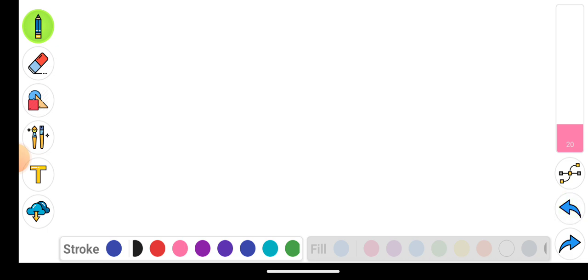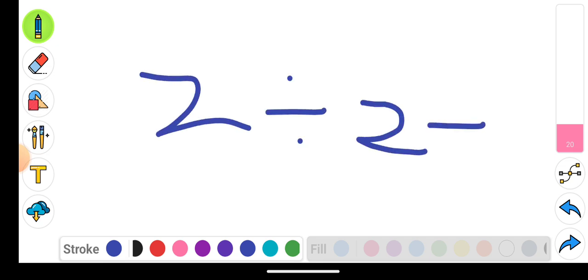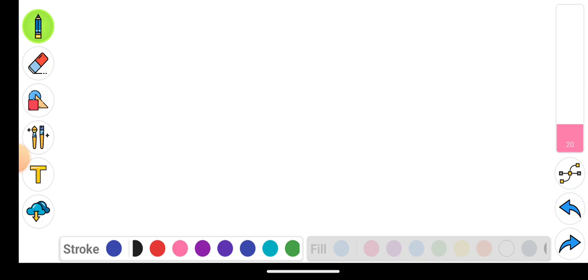Also, every number divided by itself will always be 1. So 2 divided by 2 is 1, and that goes for any number divided by itself. Anyway, I'm going to give you some methods of division.